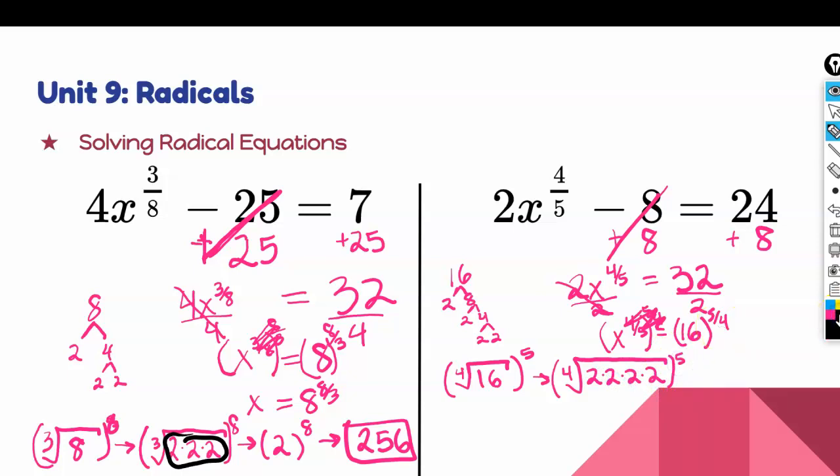And since this is a 4th root, we are looking for 4 of the same thing to jailbreak. To take out a 2, I have to have 4 of the same 2 on the inside. So then I've just got a 2 free jailbreak. And then it's to the 5th power, and that gives us 32.